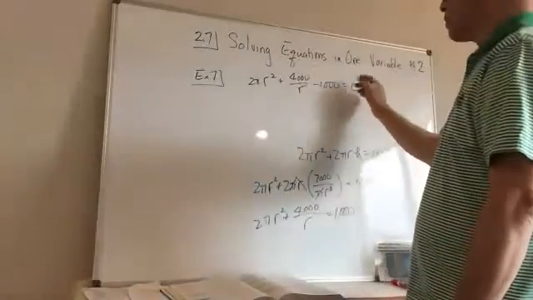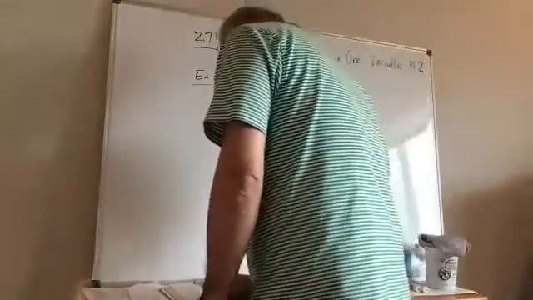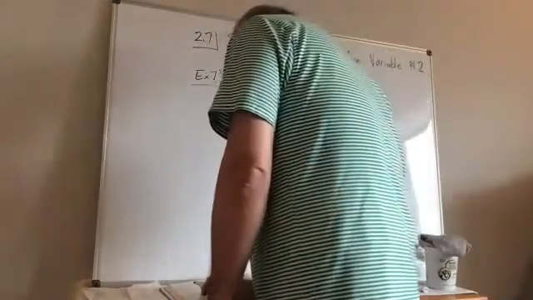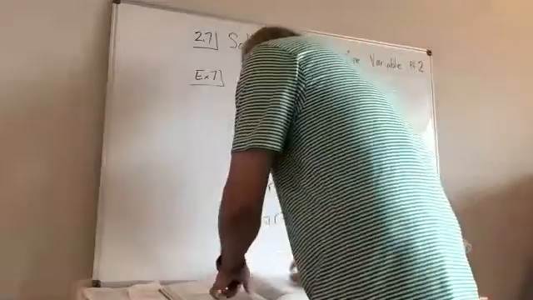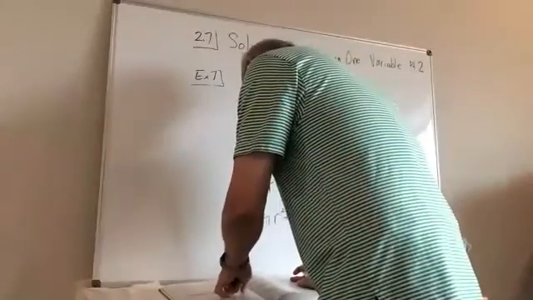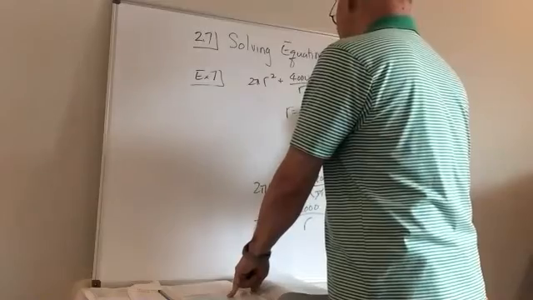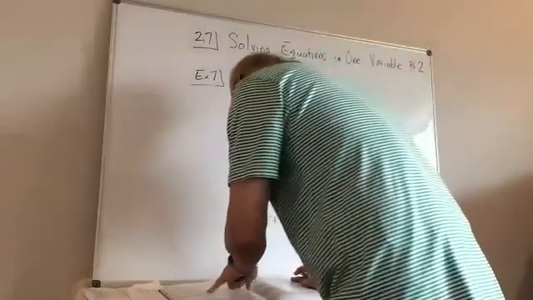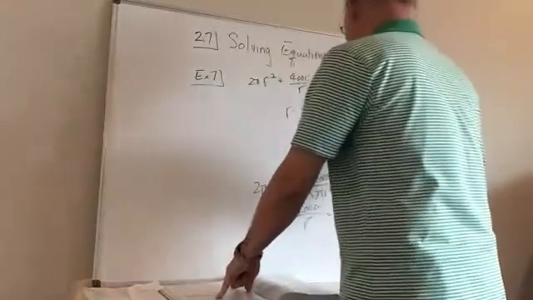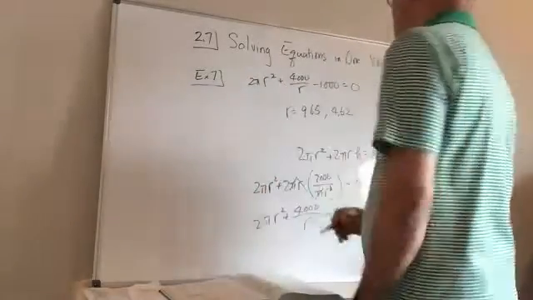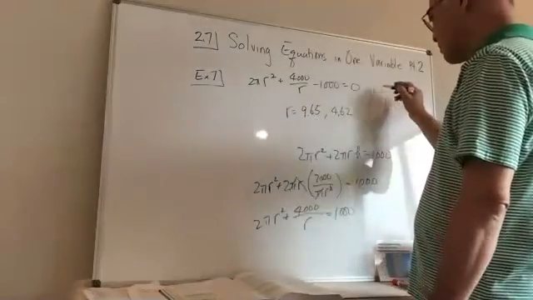Where y is going to be equal to 0. And I think the book did it that way and found that there are 2 places for r. So they solve this, and r is going to be equal to either 9.65 or 4.62.